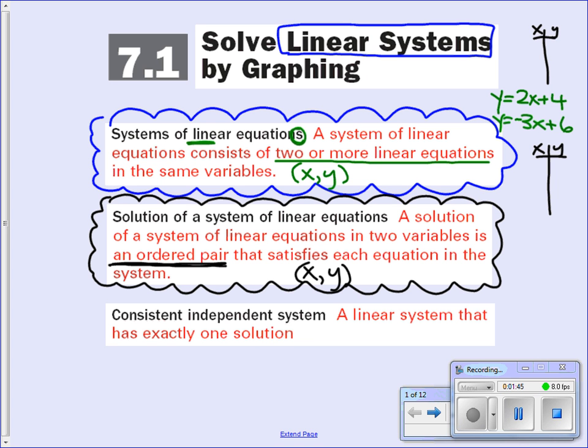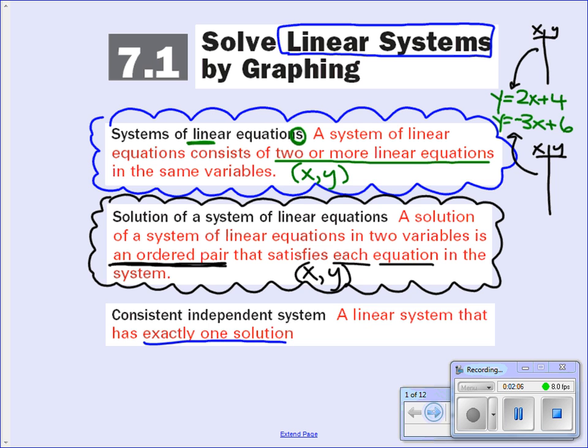The solution to the system as a whole is the one ordered pair that both equations would have, because that ordered pair would work in both equations. It would be consistent. The next vocab term, the key thing is that there's one solution. We aren't really going to use that term ever.